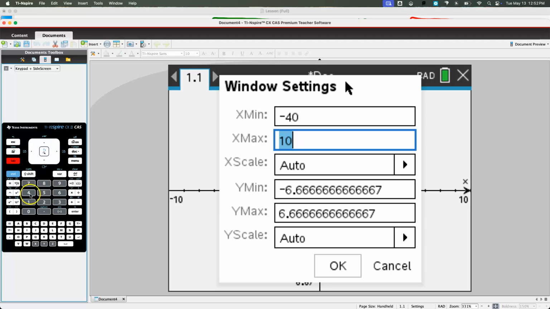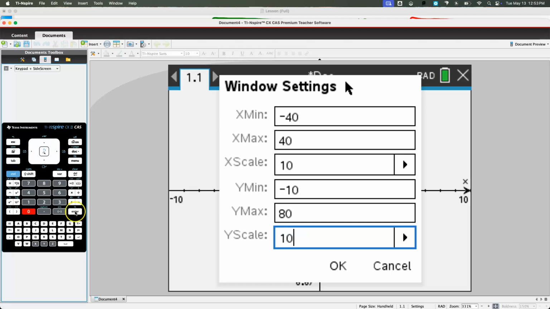Which means I should probably go 40 to the right also. And I'm going to go by 10s just because I can. Vertically, do I need to go below the ground? No. I'm going to go negative 10 just so we can see the ground. Maximum, Ms. Bushman, you said how high do we need to get? At least 70. So I'm going to go 80. Again, going to go by 10s.